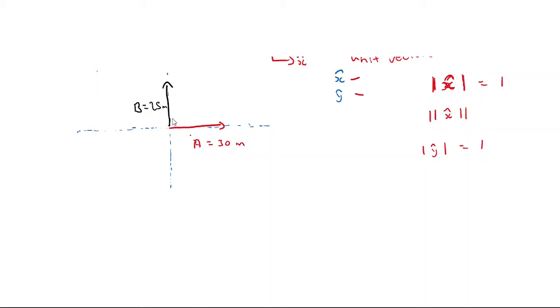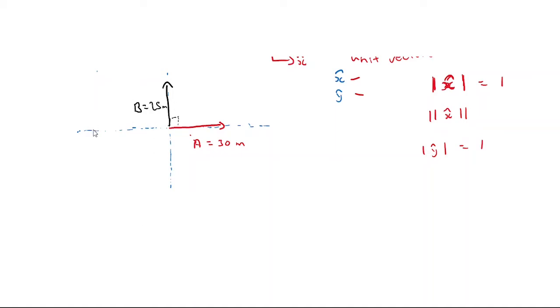So we can all agree that these two vectors are perpendicular to one another, meaning that the angle between them is 90 degrees, and that's what perpendicular means. Now the question is, how do I add these two vectors? The nice thing about vectors is that you can move a vector.